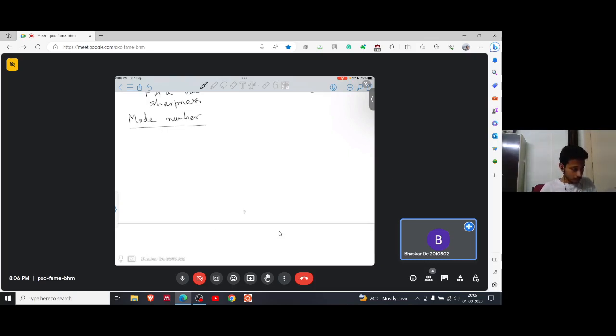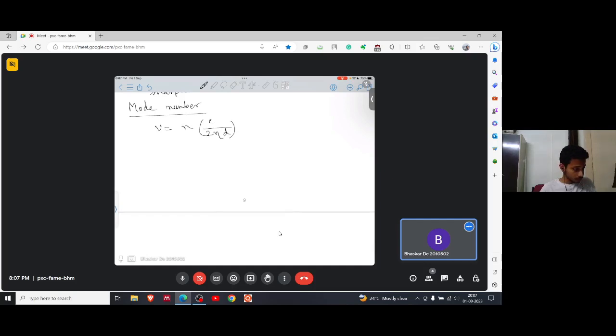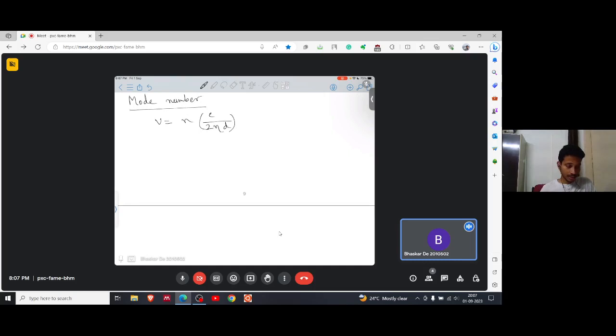So this mode number is calculated as n equal to 2 eta d by lambda. If the gain medium is situated inside the cavity, basically located between two mirrors, and there is a distance between the gain medium and the mirror, then this formula will be modified to n c by 2, 1 by eta c (d minus l) plus eta l l.